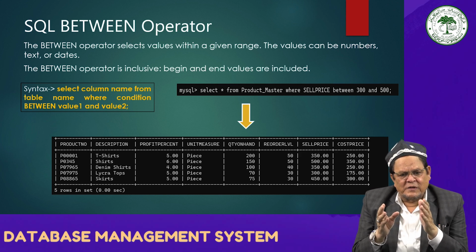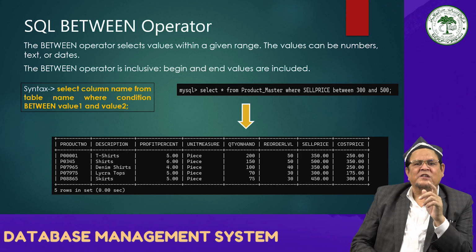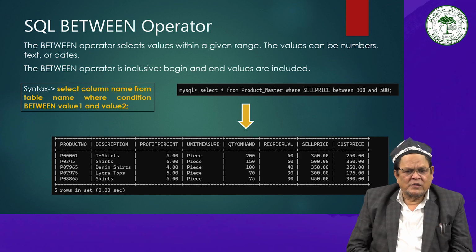The result you can see on the screen. It will display product number, description, profit percent, unit measure, quantity on hand, reorder level, sell price and cost price. Here are the 5 rows.